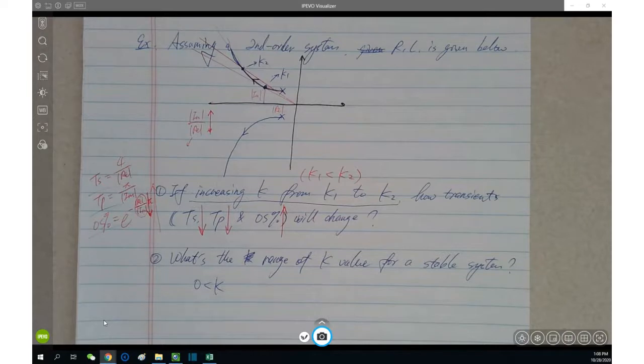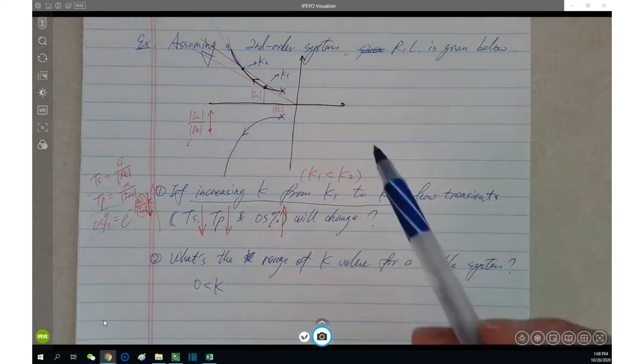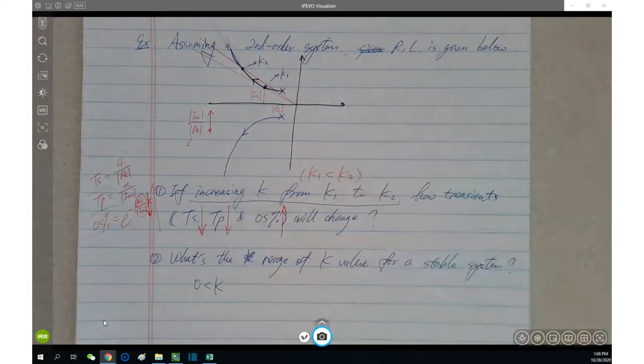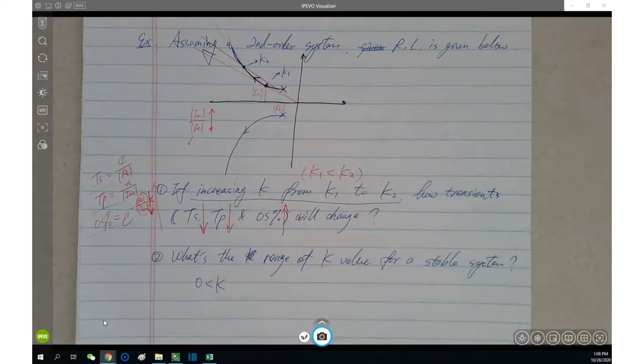Unstable system means what? It doesn't matter how many, it doesn't matter where the rest are either. The only thing is, as long as you have any poles on the right half plane, that is an unstable system. So this is what we did last lecture.